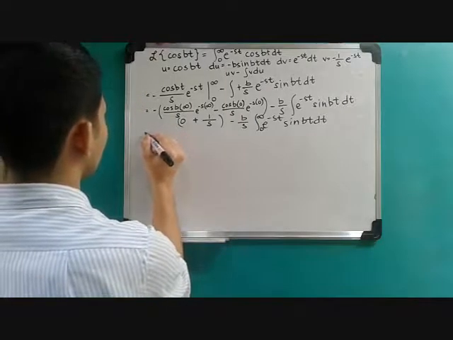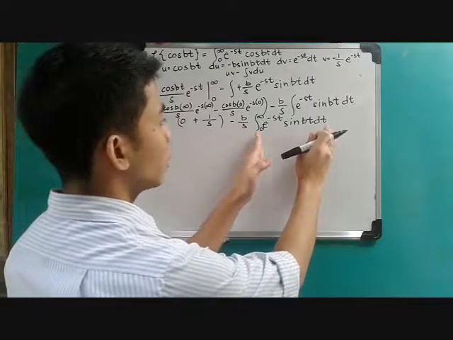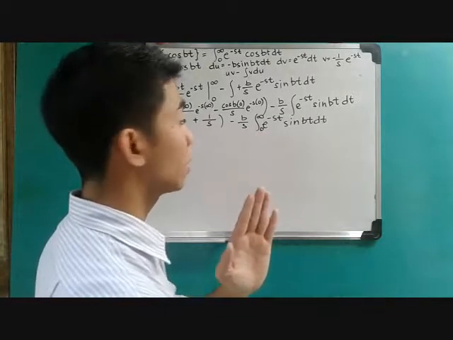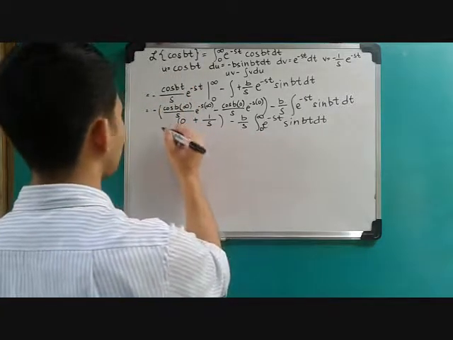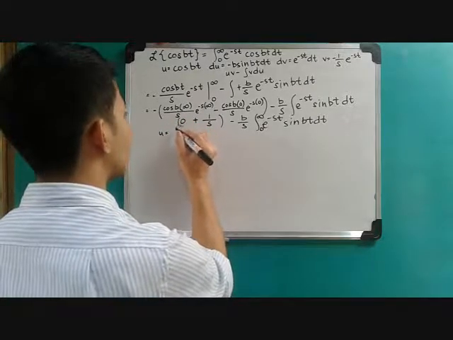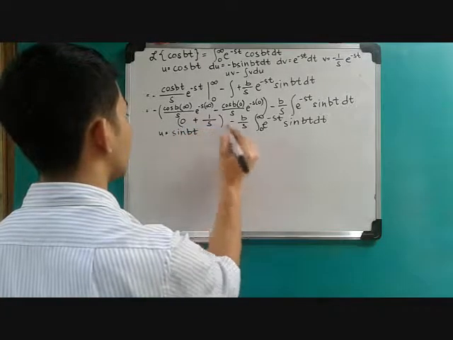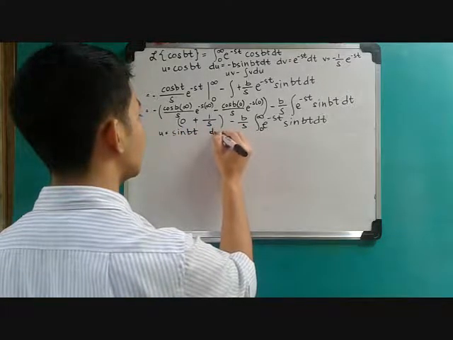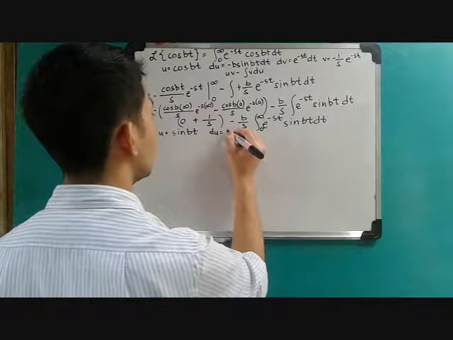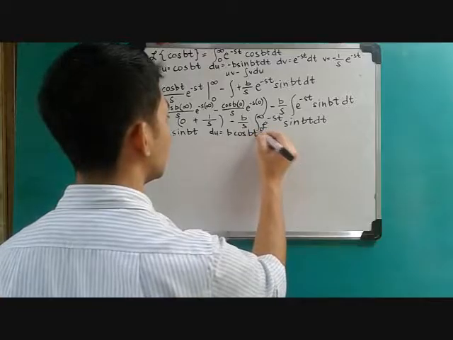Then you can solve this equation again using integration by parts. So find u again. u is equal to sine bt. The derivative of that is equal to b cosine bt.